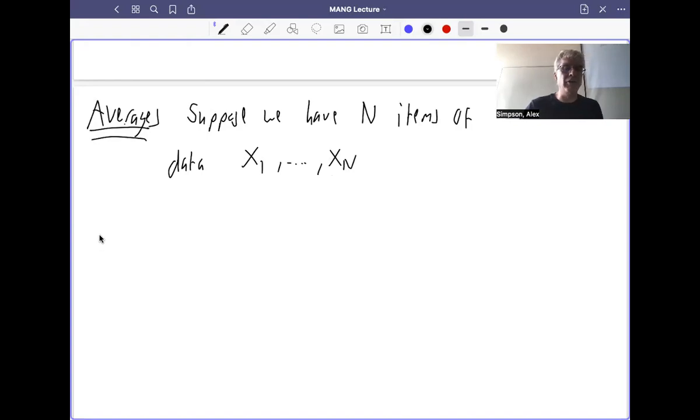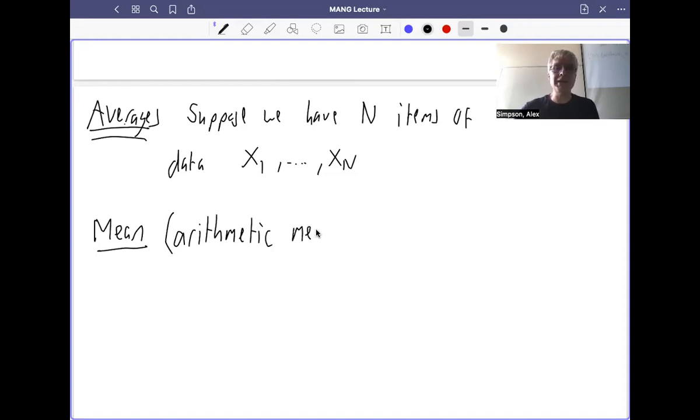So the most common form of average, and actually if you use in English the word average and you don't qualify it in any other way, you often just mean this common form of average, is what's called the mean, or more precisely the arithmetic mean. Arithmetic is the noun, this is the adjective, so you put the emphasis on the E in arithmetic.